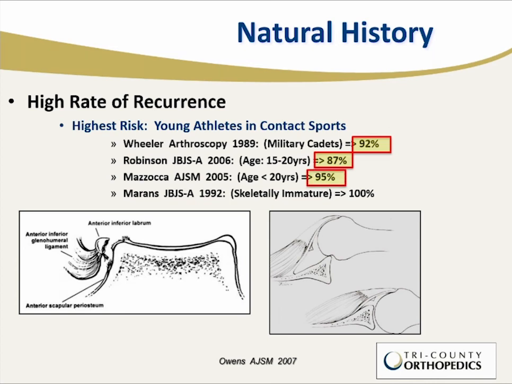Mazzacca looked at under 20 and said essentially 95 or greater. And in skeletally immature open growth plates, back in 92, a study had a complete 100% failure, leading one to believe that the younger you are, especially that young, this was under 13, I think, that it's automatic. That's being rethought a little bit, but nevertheless, these are very high numbers.